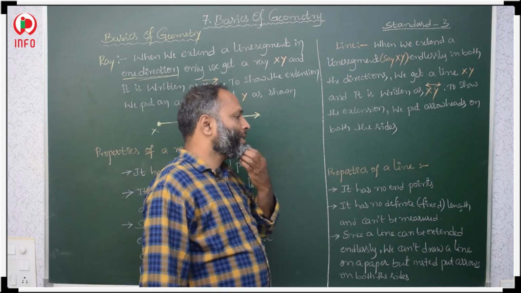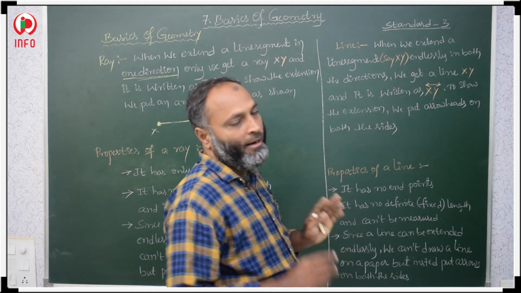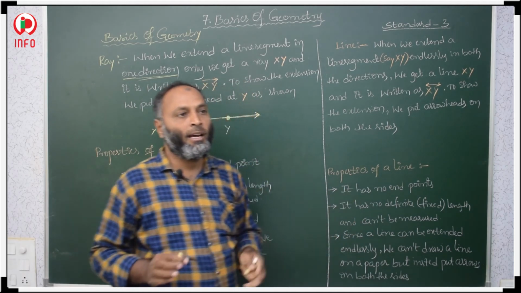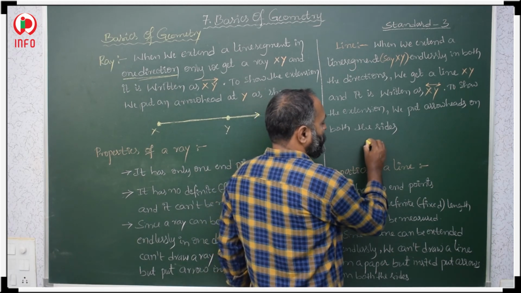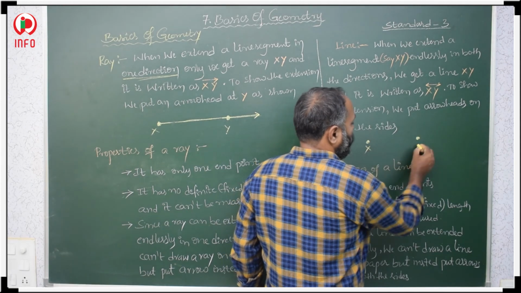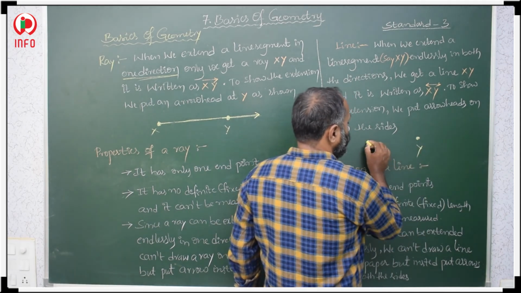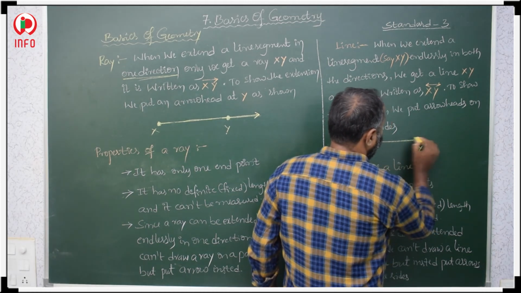Next, line. What is a line? Between ray and line a little difference is there. If you take two endpoints X and Y, this is point X and this is point Y. If you join X and Y with a ruler, not with a free hand, you form a line segment. Here I am drawing with a free hand, but you don't.